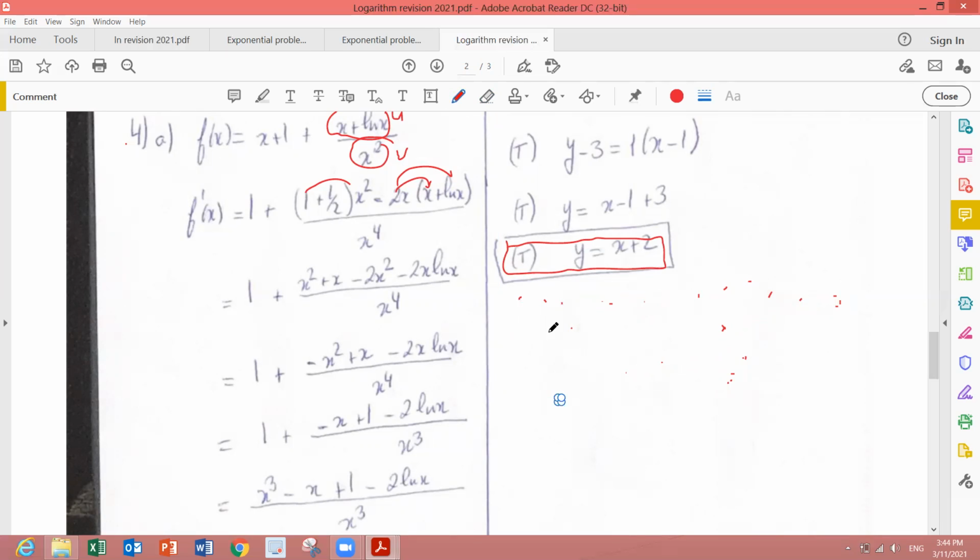Slope of tangent equals slope of delta, equals 1, which means the tangent is parallel to delta.